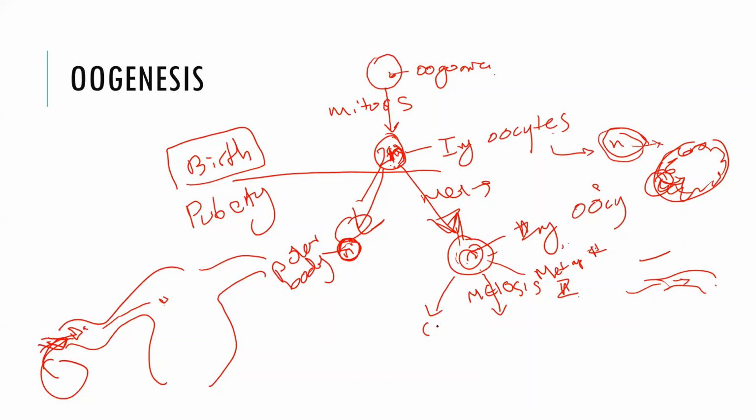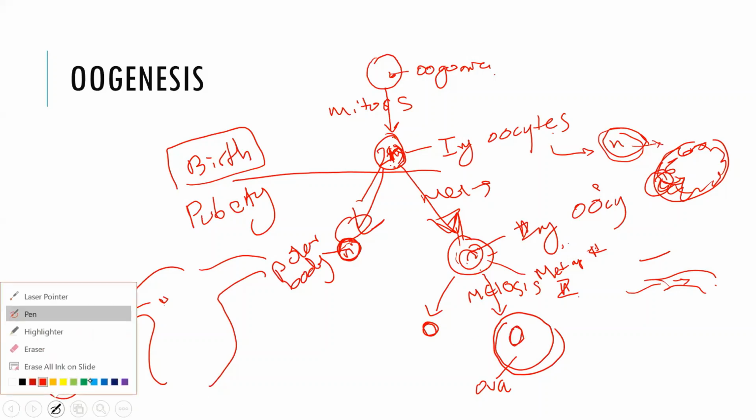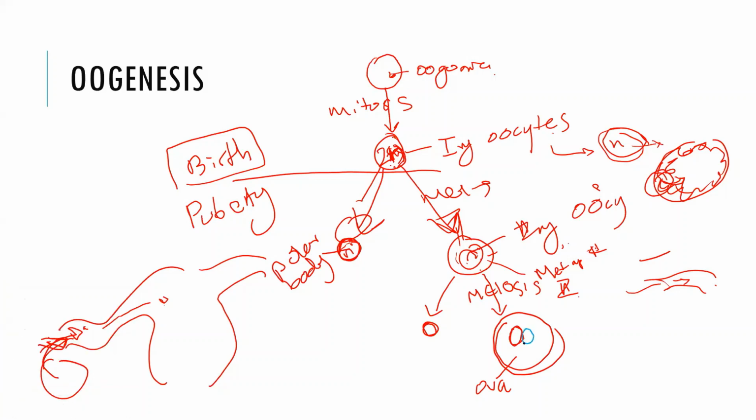So again a polar body is formed and a complete ovum is formed. So when the complete ovum is formed, it also has the paternal nuclear material, genetic material within it. So it forms the fertilized egg.